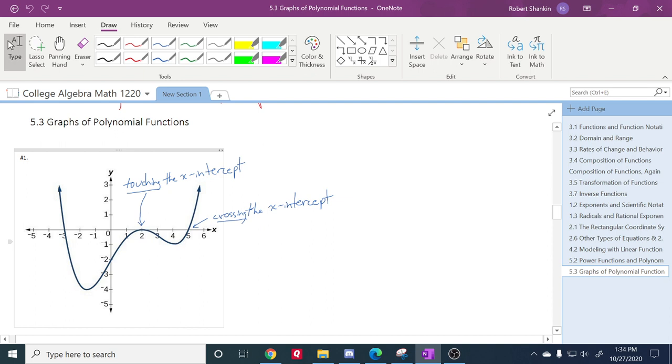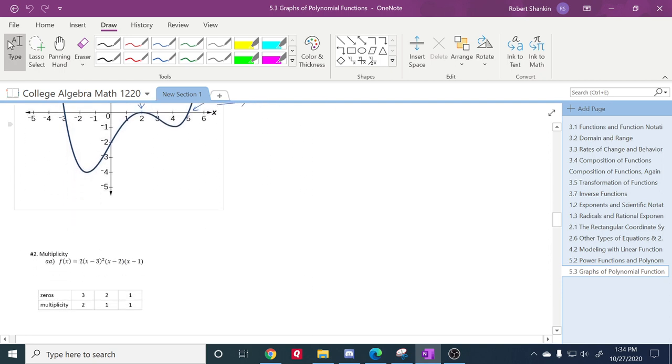The next time we hit the x-intercept, we were below it and we just touched it. We never went above it, so we never crossed over to the other side. And at the last x-intercept, we were below it, and then we crossed over to being above it. Crossing the x-intercept versus touching.